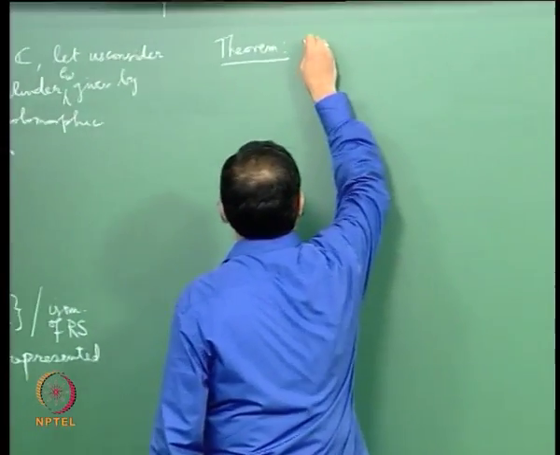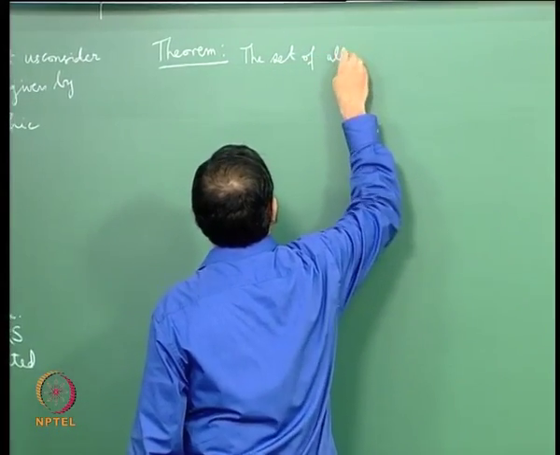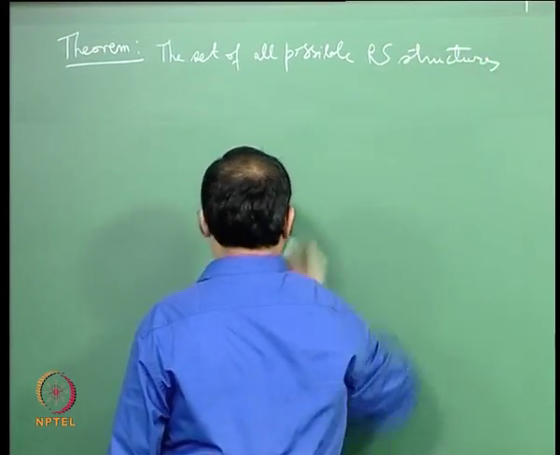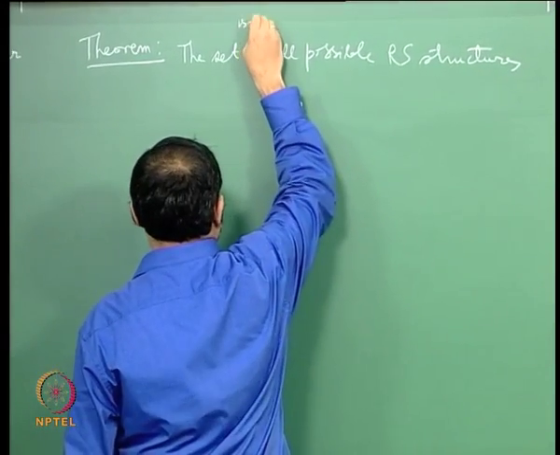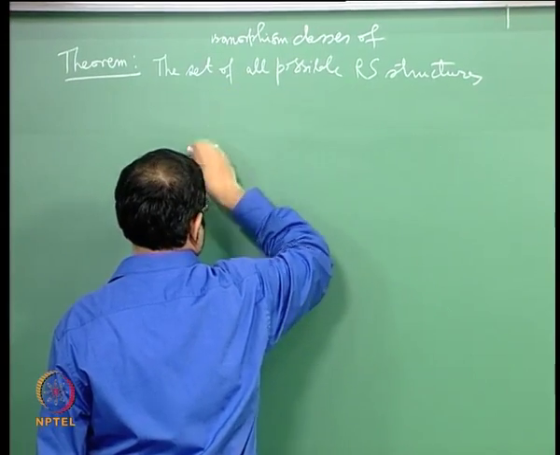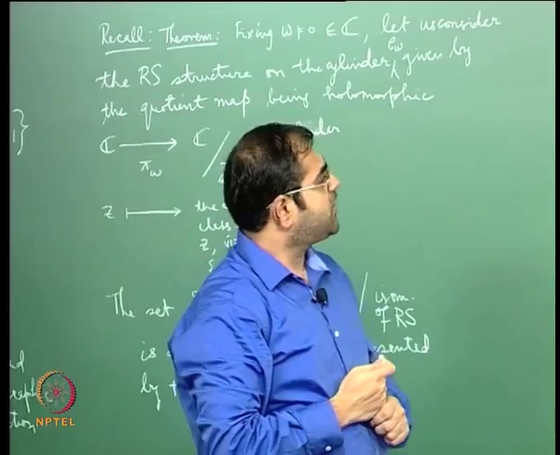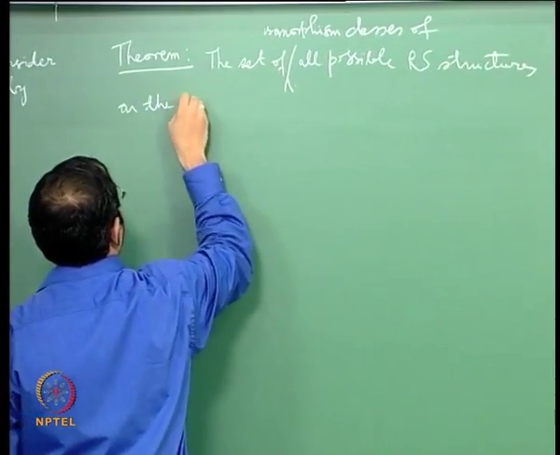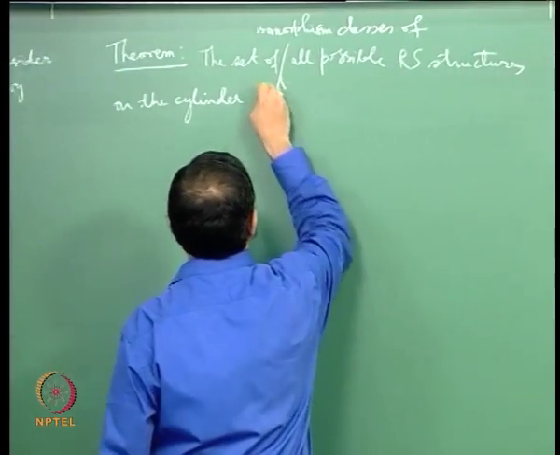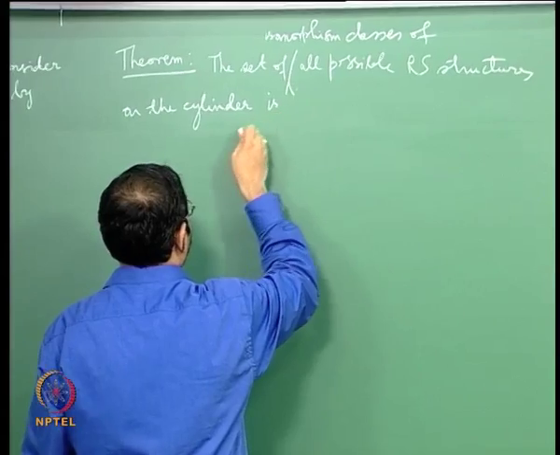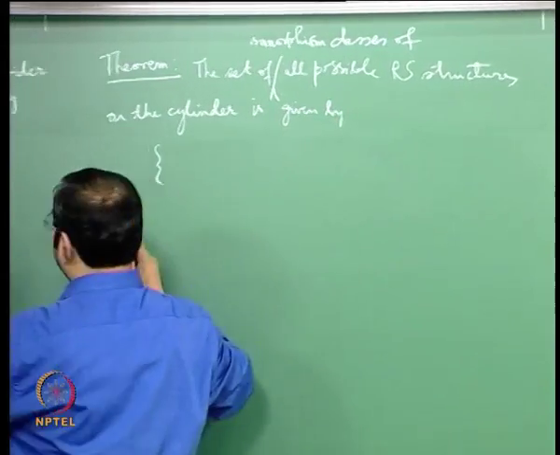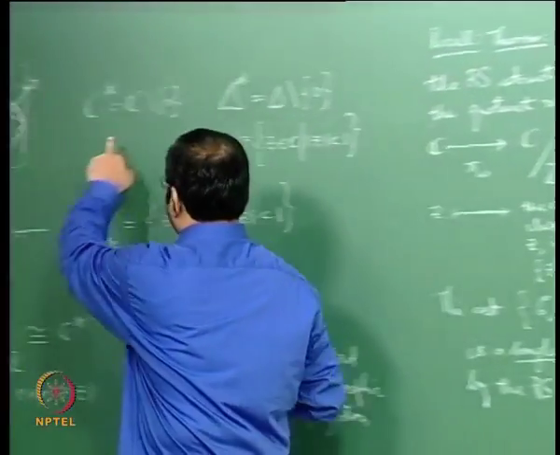So the set of all possible Riemann surface structures, in fact I should say isomorphism classes, the set of isomorphism classes of all possible Riemann surface structures on the cylinder, okay, is given by, so there is one structure on the cylinder which is the same as C star, okay.